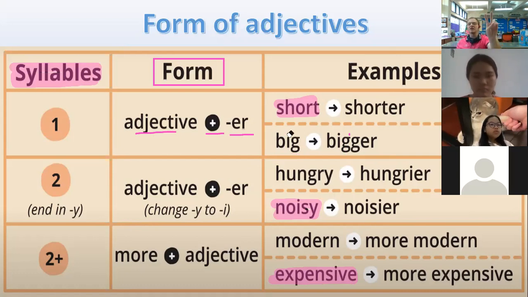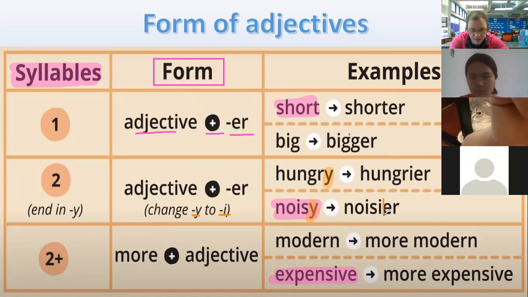Then the next one is words that have two syllables, like hungry, noisy, messy, ugly. Those are two syllable words. But the one important rule here: if the word ends with a Y, we take away the Y and we put an I. So we change the Y to an I. So noisy becomes noisier.